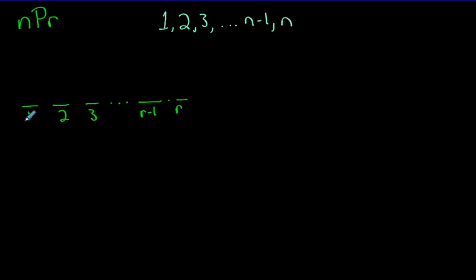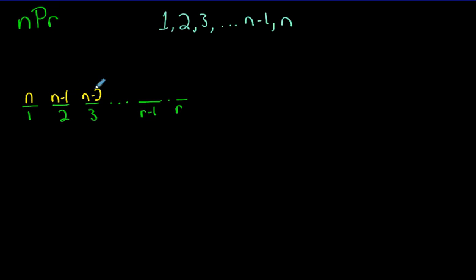So here we have the number of chairs: first chair, second chair, third chair, chair r minus 1, chair r. Let's see how many different permutations there are. The number of possibilities for the first chair is n, for the second chair is n minus 1, and the third chair is n minus 2.